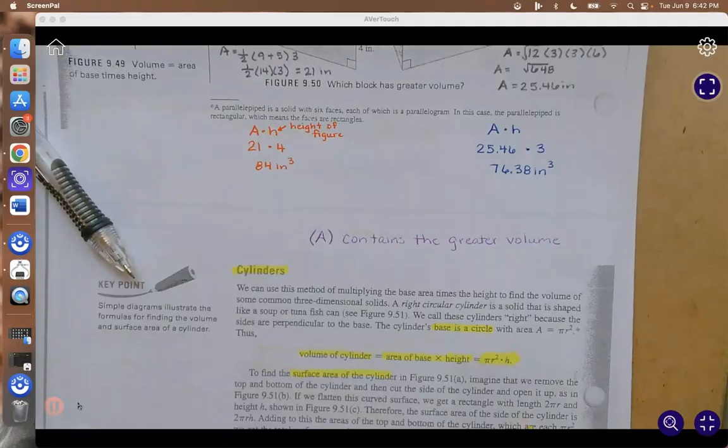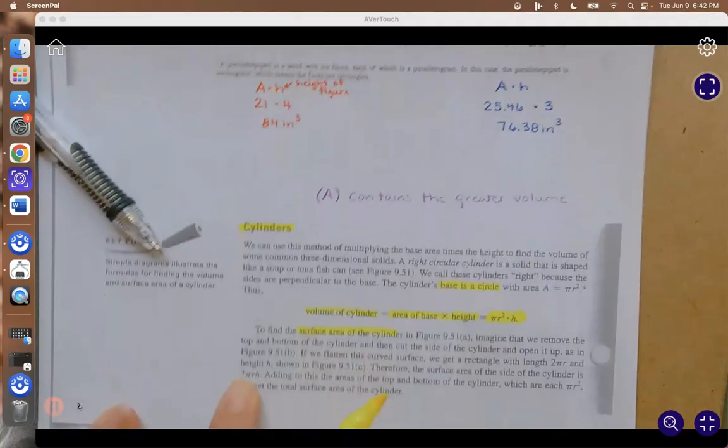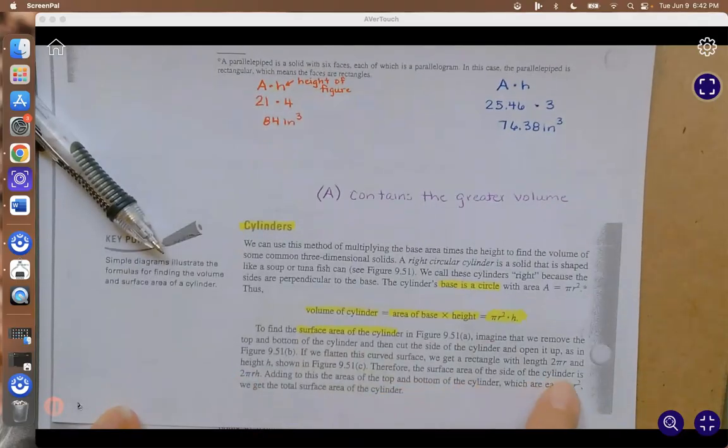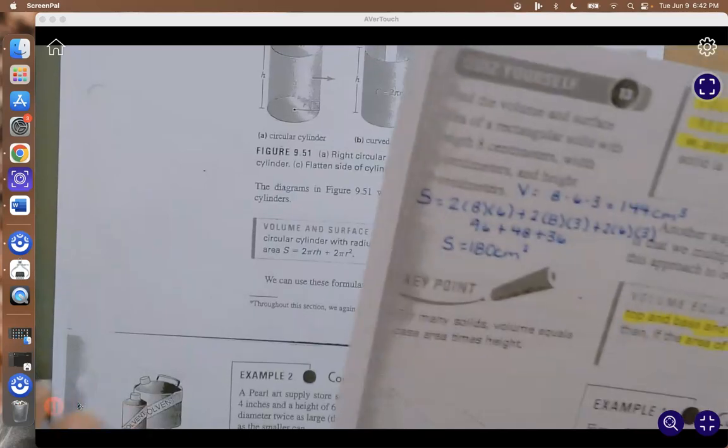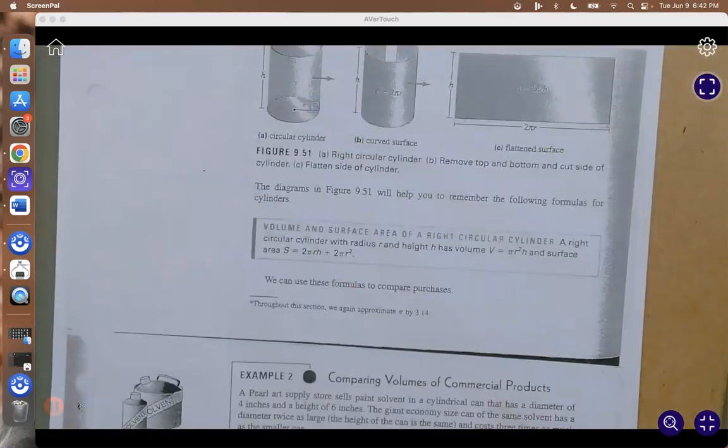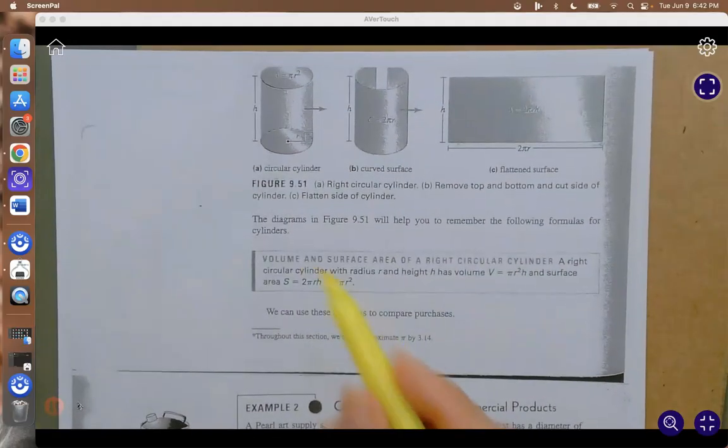Therefore, the surface area of the side is 2 pi r h. Then the top and the bottom, the areas are pi r squared, and there's 2 of those. So that allows us to get our surface area formula.